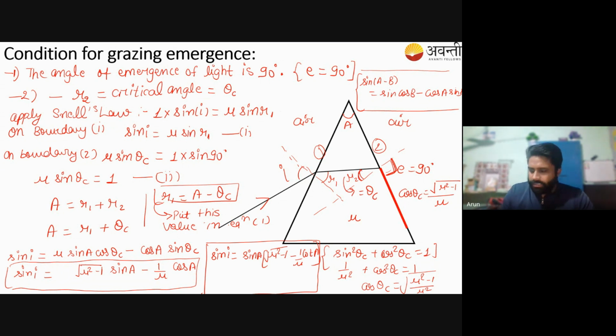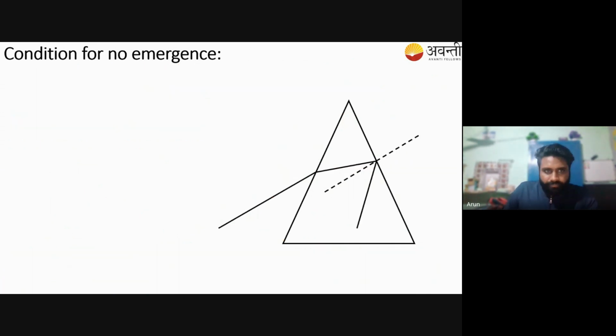So learn these two conditions, focus on that. Now, what should be the condition for no emergence? Look, if this angle R2 is greater than theta c, or I will say that this is the incident ray, this is the path of incident ray.